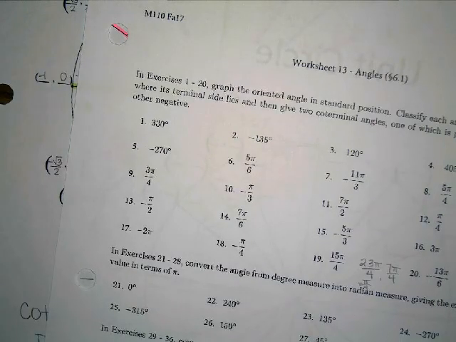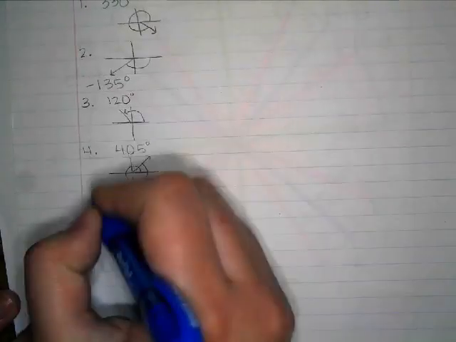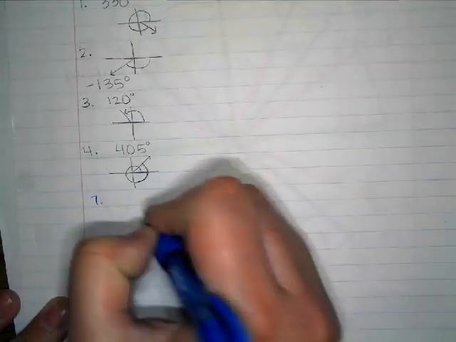So let's look at number 7. Number 7 said negative 11 pi thirds.